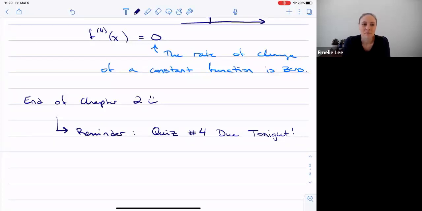Okay, let us finally start chapter 3. What I'm finding with chapter 3 is it's kind of unfair because we're going to introduce all these rules for finding derivatives depending on what type of function we have.